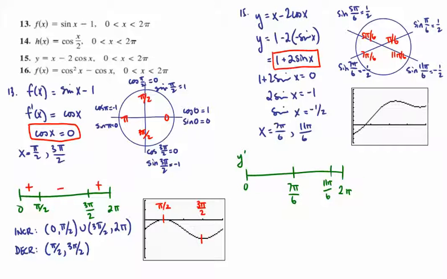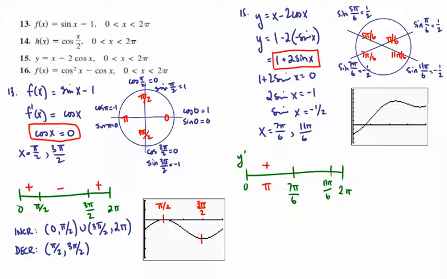And so sine is going to be positive everywhere that y is above the x-axis. But we can pick some very simple test points here. Let's pick x equals pi. When we plug that in, sine of pi is 0, and 2 times 0 is 0, 1 plus 0 is 1, so it's going to be positive there.